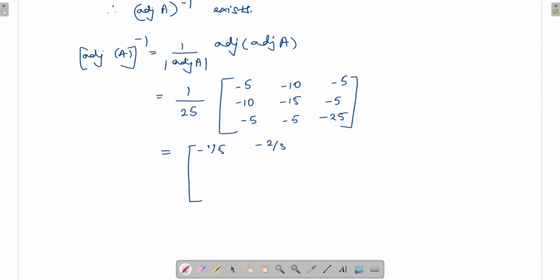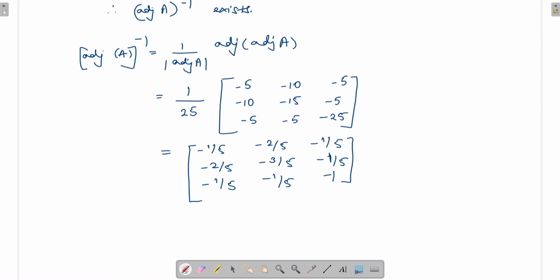Similarly this will be 2 by 5, this is 1 by 5 here, then minus 2 by 5, then minus 3 by 5, minus 1 by 5, minus 1 by 5, minus 1 by 5 and minus 1.